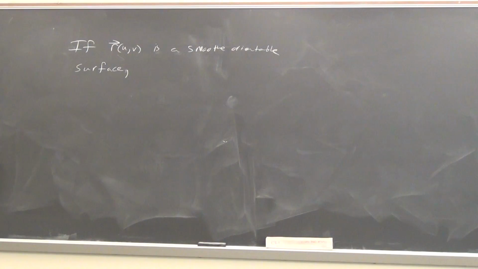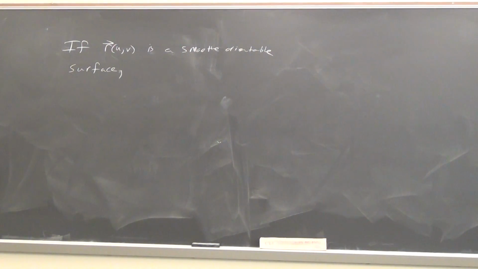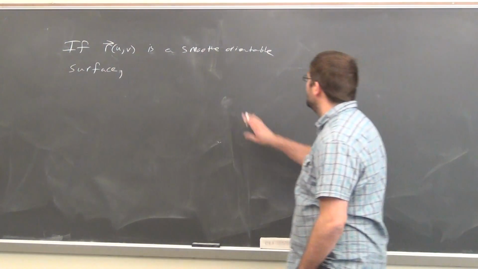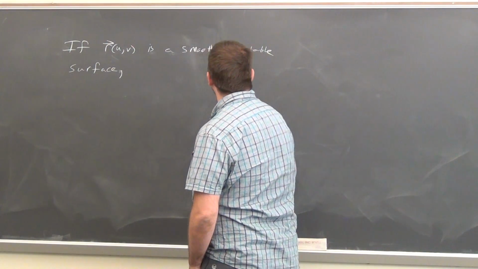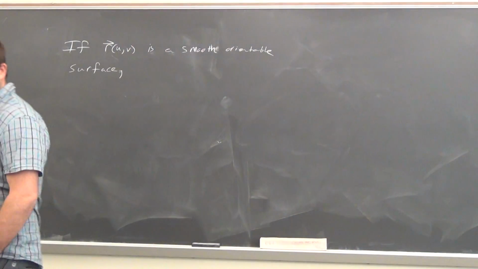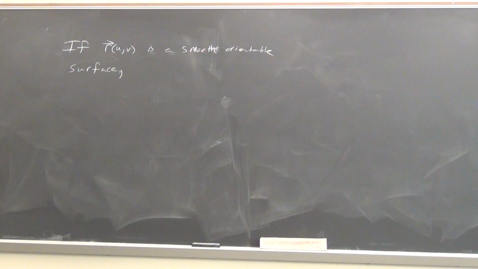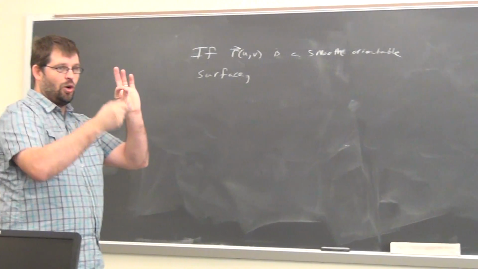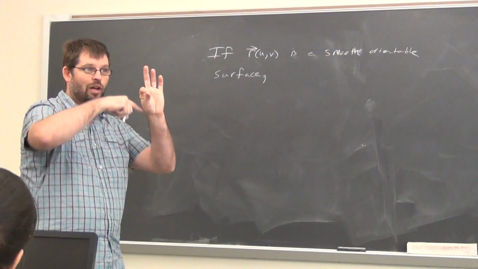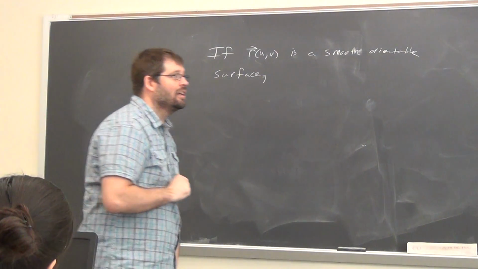So we talked a little bit, I don't know if it was last time or the time before, about what a smooth, orientable surface is, about what it meant to be orientable. And I gave an example of the Mobius strip, remember, where I took the piece of paper and I folded it over, and there was no clear top and bottom, because if you walked around one side, you sort of ended up on the back side.